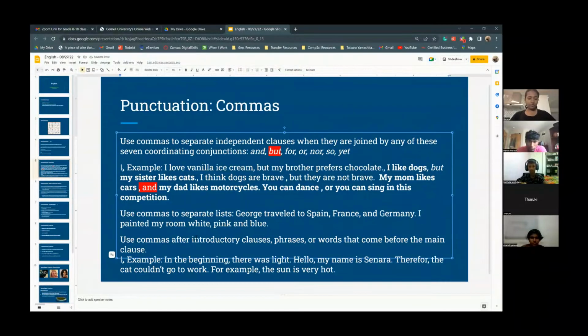All right. And does everyone understand how to use commas after introductory clauses, phrases, or words? Can someone give me an example? Sorry, Nithula, go ahead. If not, it's okay. Asari, could you give me an example of using a comma after an introductory clause?